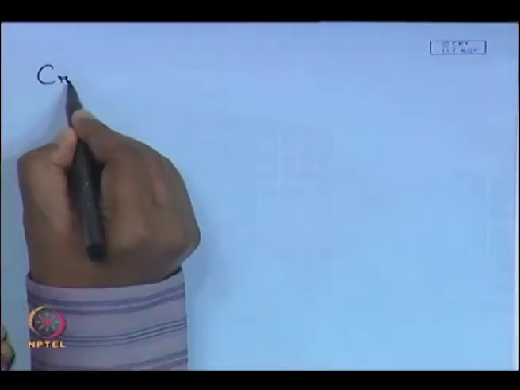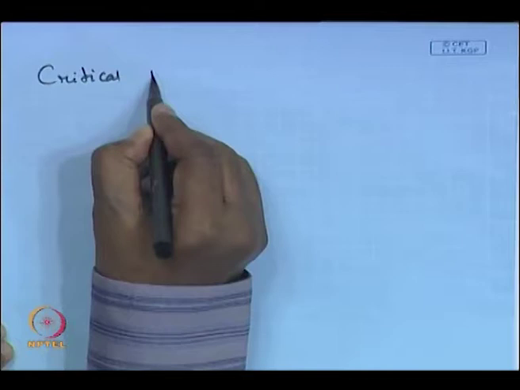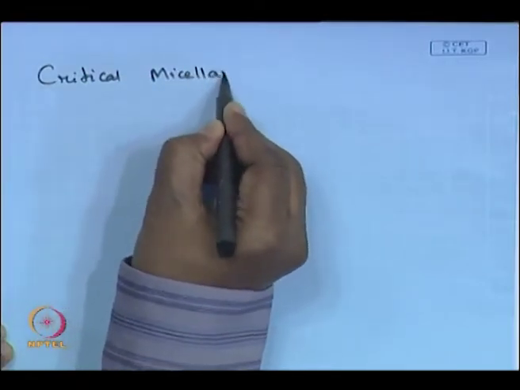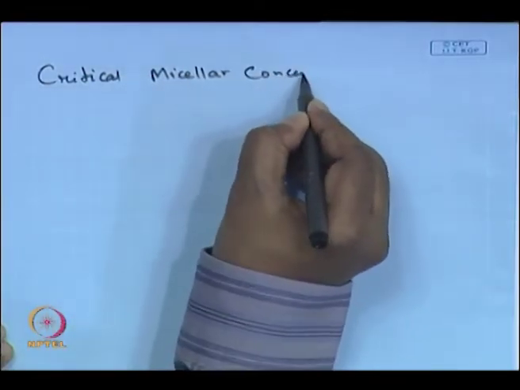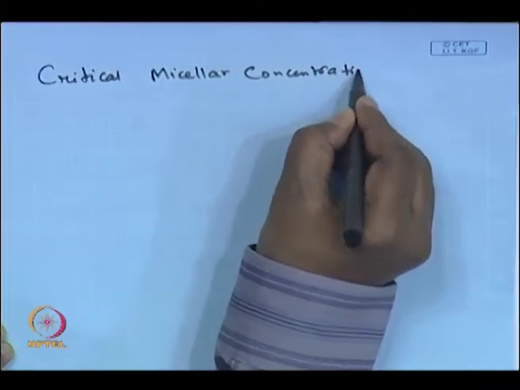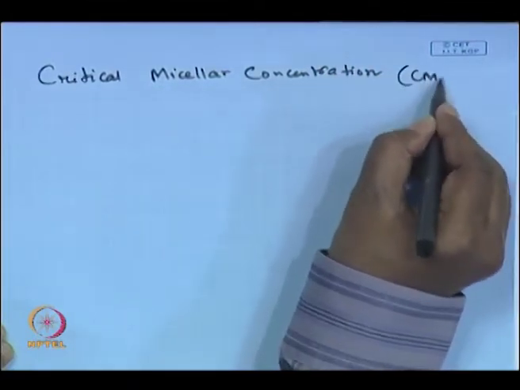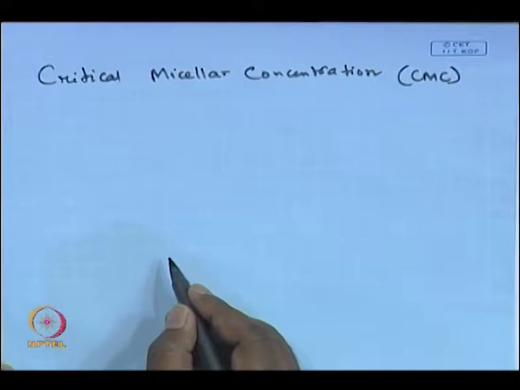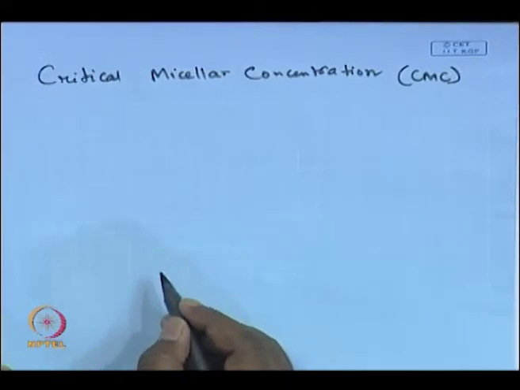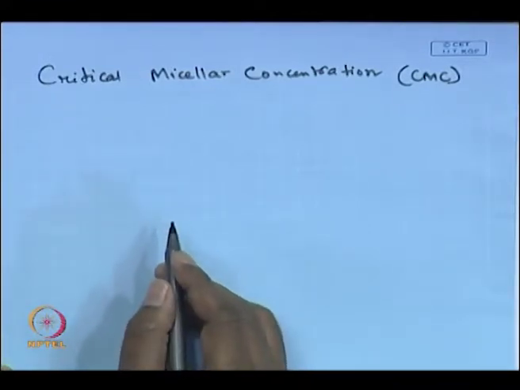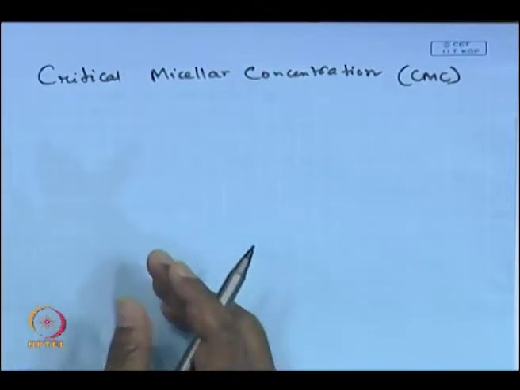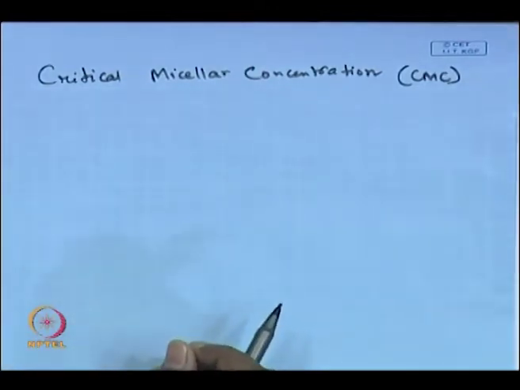Now let us come to the definition of the critical micellar concentration, also abbreviated as CMC. Now, as I said earlier, when you have a surfactant at a lower concentration, the monomers will be separated, each of them.